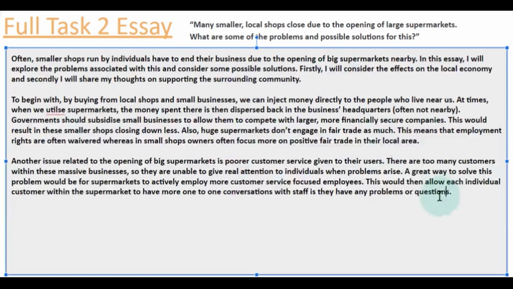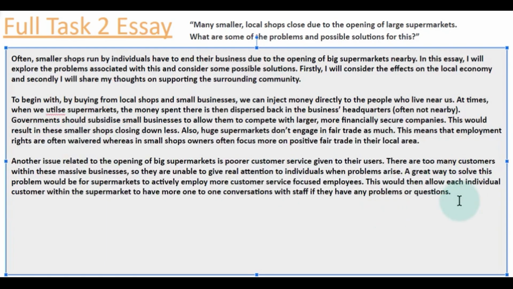Okay, so let's read this back. A great way to solve this problem would be for supermarkets to actively employ more customer service focused employees. This would then allow each individual customer within the supermarket to have more one-to-one conversations with staff if they have any problems or questions.